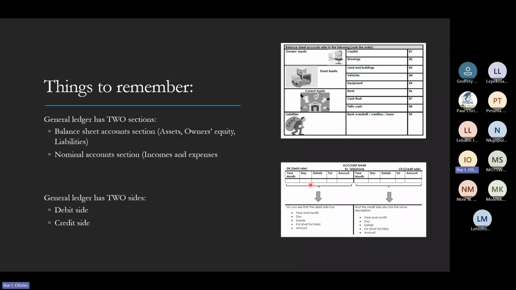And if we look at how our accounts look with the two sides, debit side always on the left, credit side always on the right, it is always the same. You have your year and your month, your day, your details, your folio, short for F, and your amount.